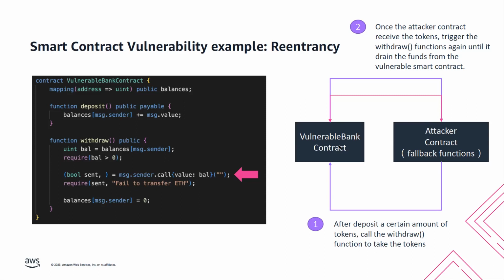And then after transferring the money, it sets the balance to 0 or deducts the value of what was withdrawn. But before that last step can execute, the hacker can use the fallback mechanism to call the withdrawal function again. The hacker will loop this until all the funds are drained from the smart contract. It's not new; it happened in 2016.